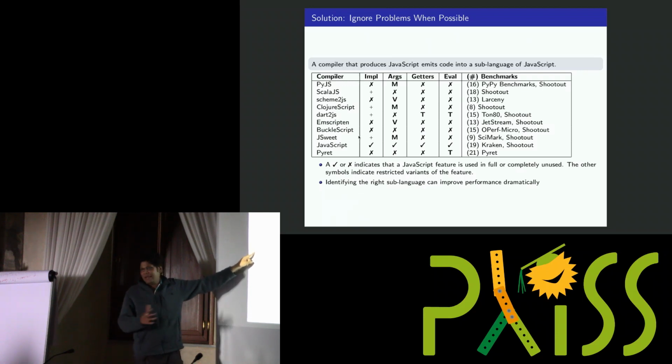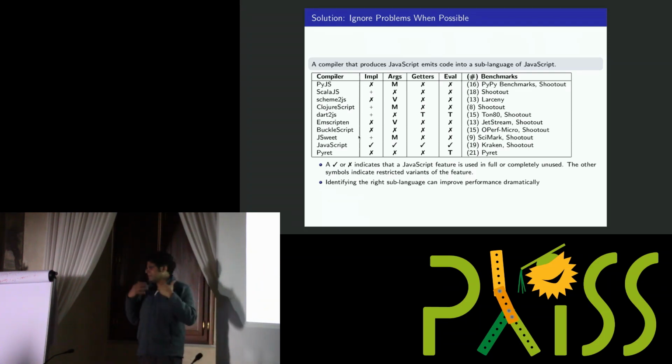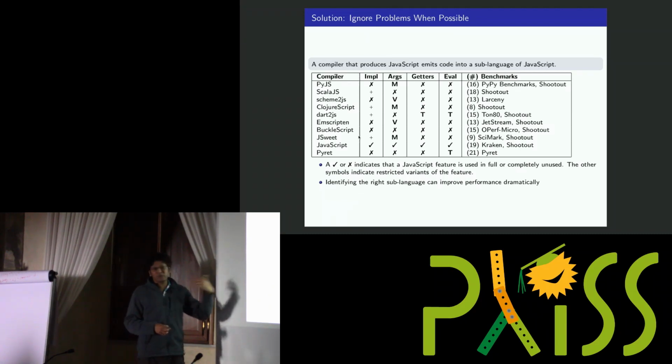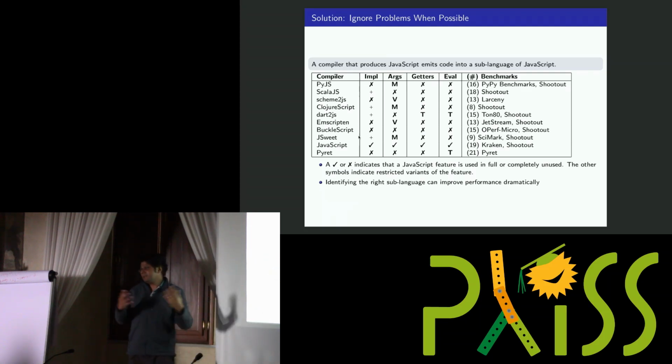If you're compiling a language as beautiful and pristine as OCaml to JavaScript, do you need all those crazy features? No, right? It turns out that if you can assume that the JavaScript that you're getting is the output of the BuckleScript OCaml to JavaScript compiler, you don't need to insert all of that instrumentation. And that's basically what we do.